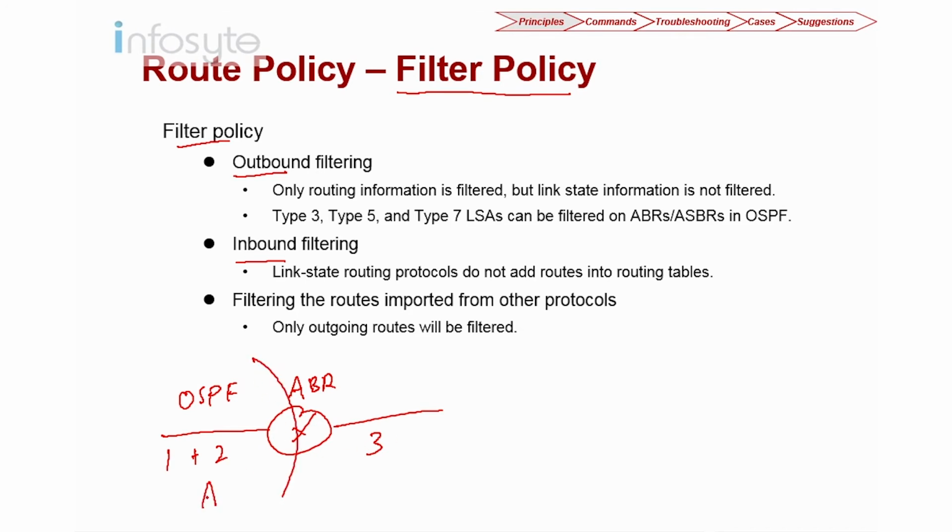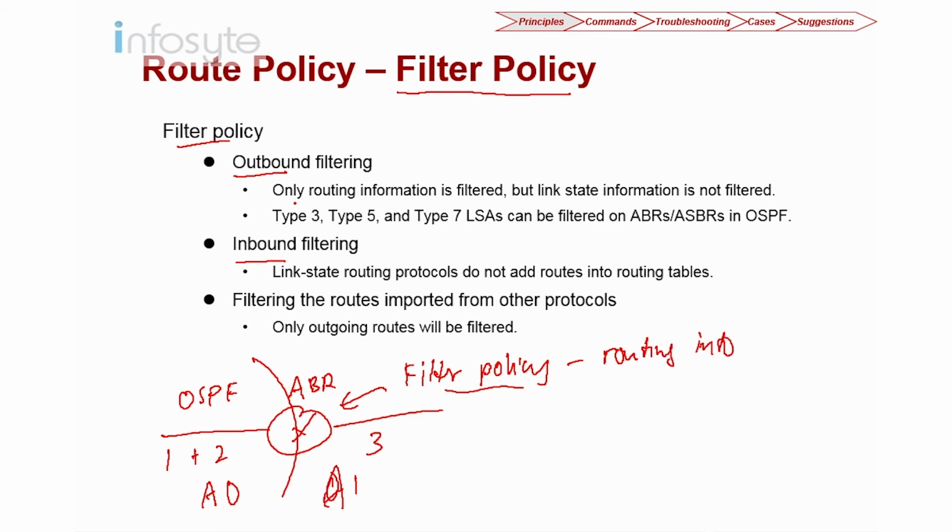So here we have area 0 and here we have area 1, for example. We can implement the filter policy in our ABR. Once we configure the filter policy over here, those routes that meet our policy will be filtered. So we are filtering the routing information.